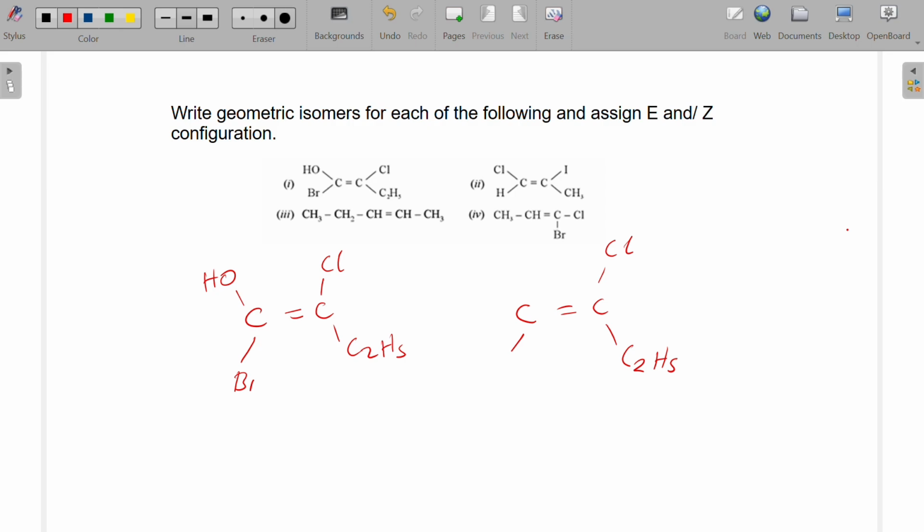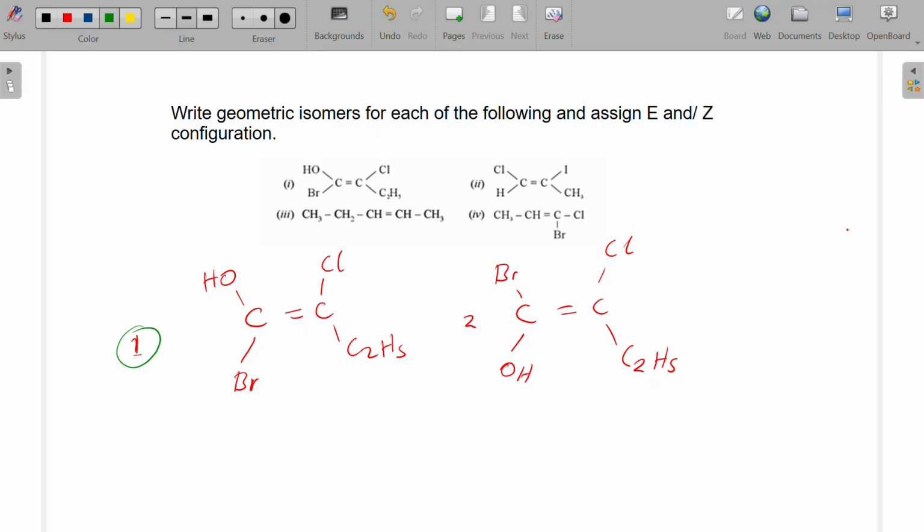So I'm going to put OH this side down here, and I'm going to put my bromine atom on top there. So this is what I've done here, and you can see when you compare the first structure to the second structure, let's call this one structure number 1, and let's call this one structure number 2.